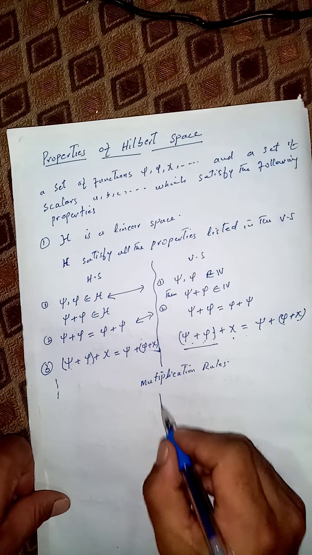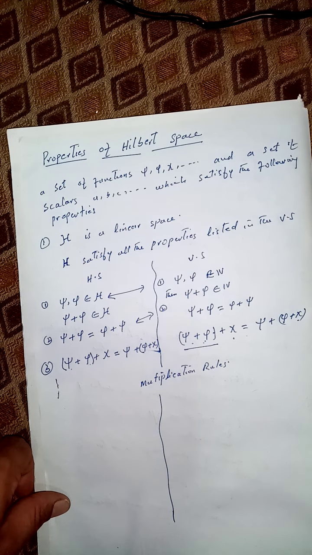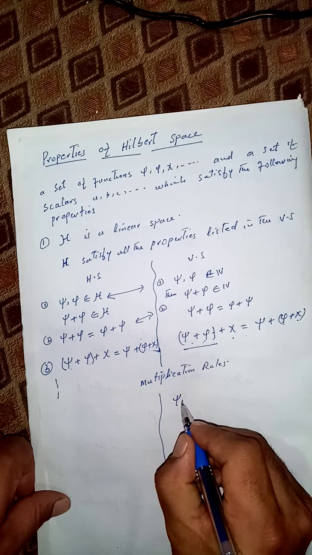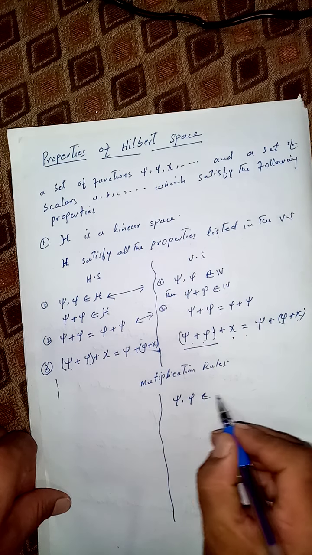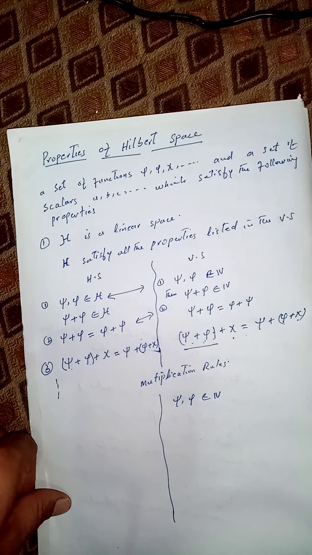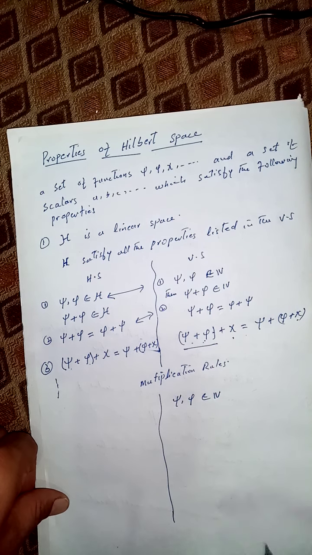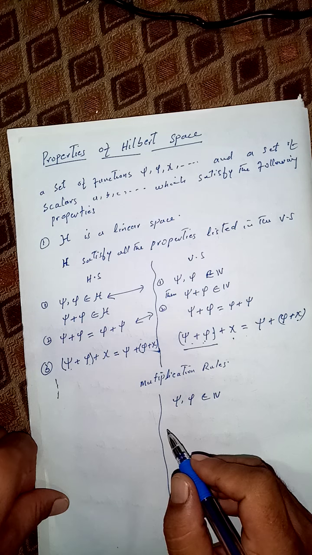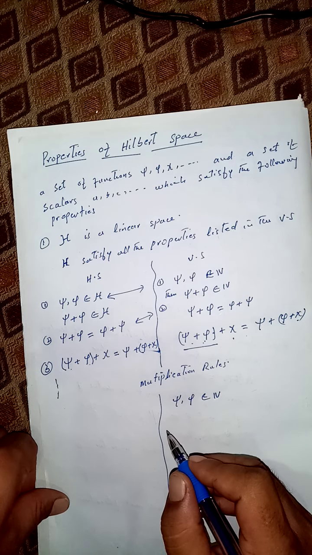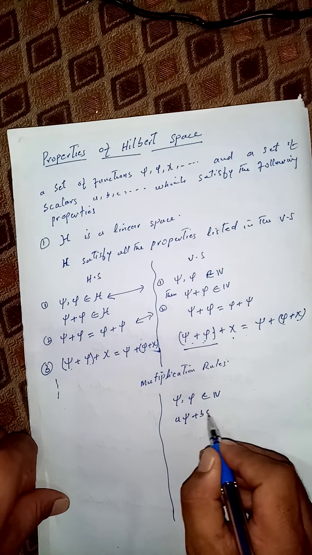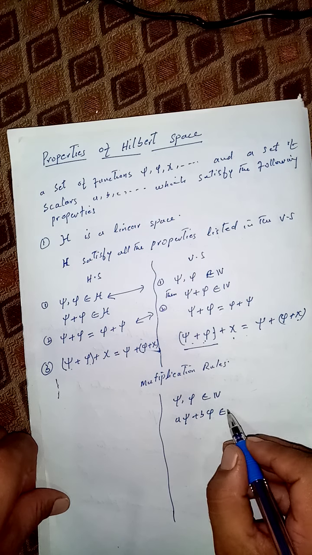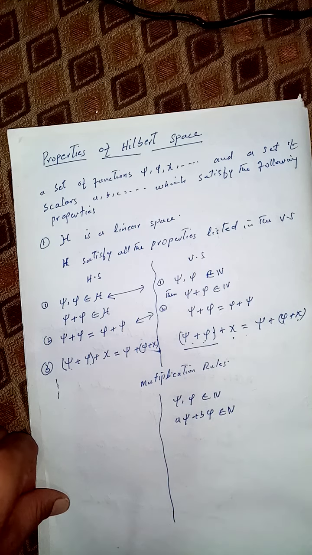In vector space, we say that if psi and phi are two vectors belonging to the vector space, then any linear combination A of psi plus B of phi also belongs to the same vector space.